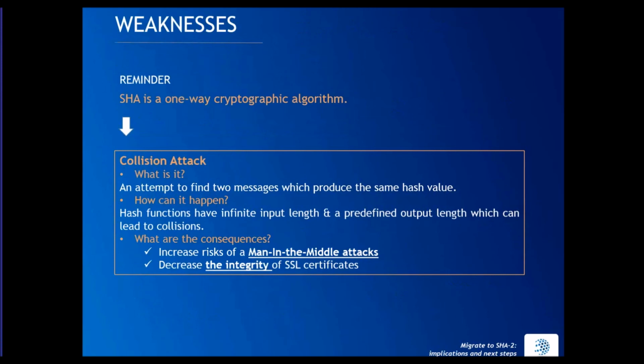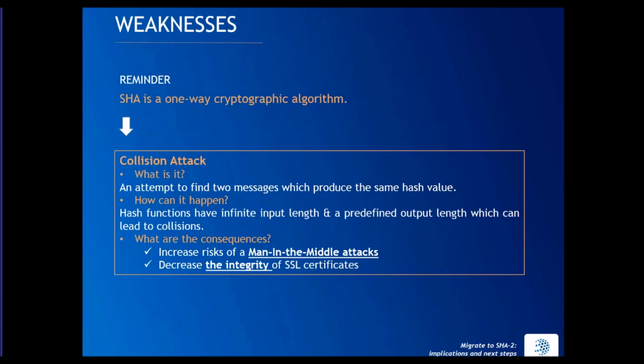So when we talk about e-commerce websites, for example, if you're buying something online, when you put in your credit card details or your personal details, there is a risk of that confidential data being stolen, and we don't want that to happen. And this is another reason why we're moving from SHA-1 to SHA-2.